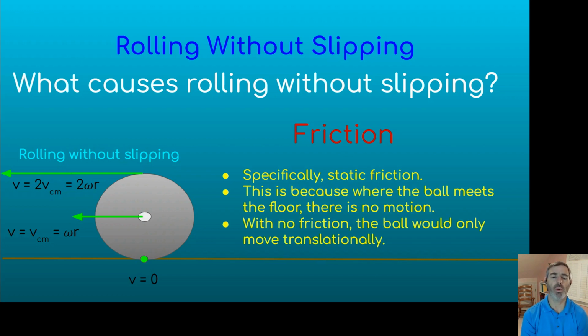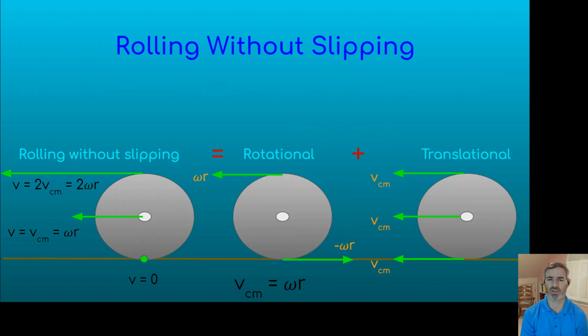With no friction, the ball would only move translationally, like sliding on ice. If you've ever tried to drive on ice, your car rolls with slipping. There is no static friction, or a minimal coefficient of static friction, which means that an object can spin, but it's not going to move as easily.